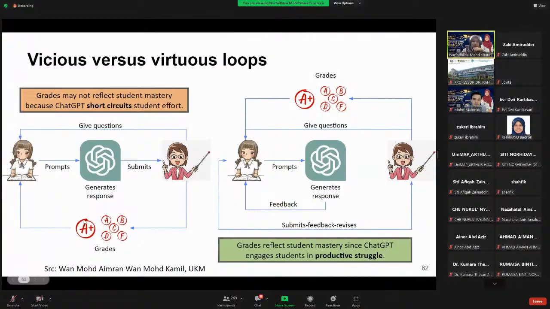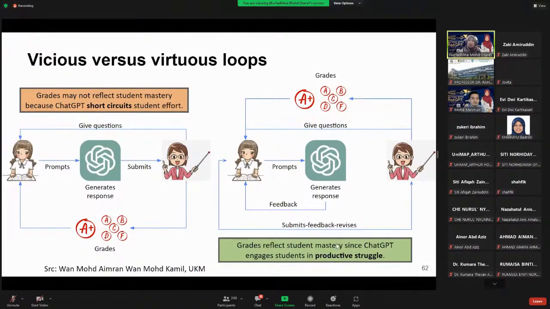And this is from Dr. Muhammad Imran, to tell that grades may not reflect student mastery because ChatGPT can short circuit this student effort now. So what we need to redesign is this productive struggle. How would the students do productive struggle?